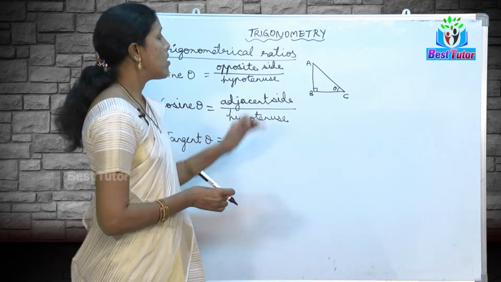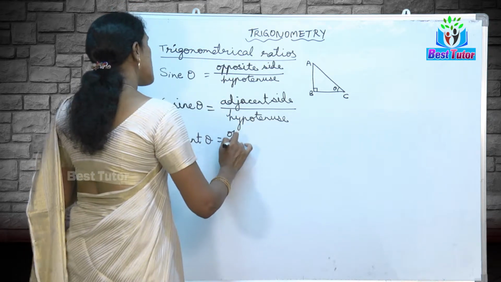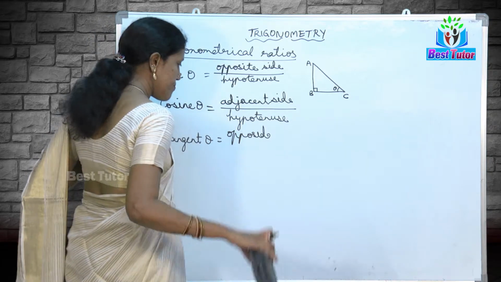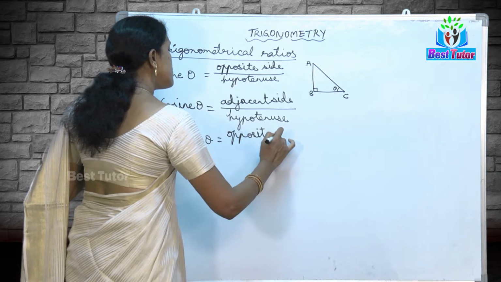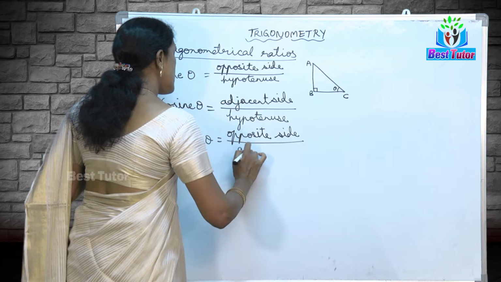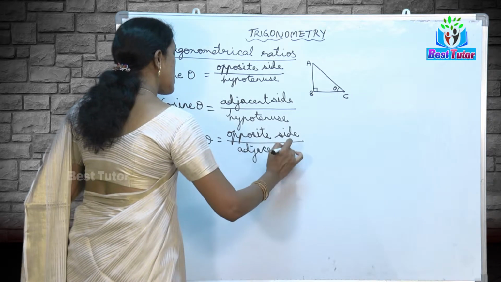Tangent is going to be opposite side by adjacent side, right? So we have taken 3 ratios till now.